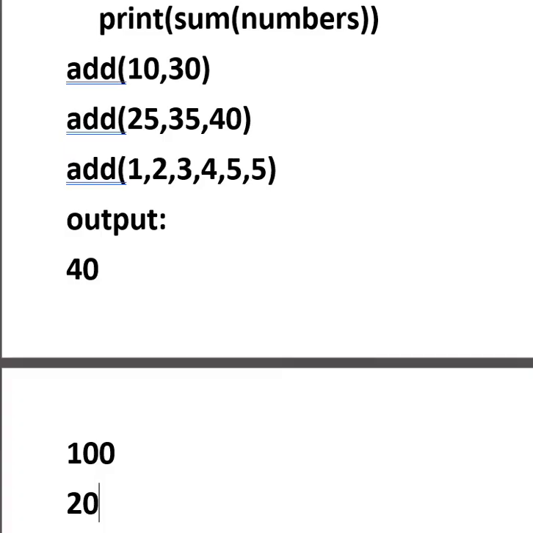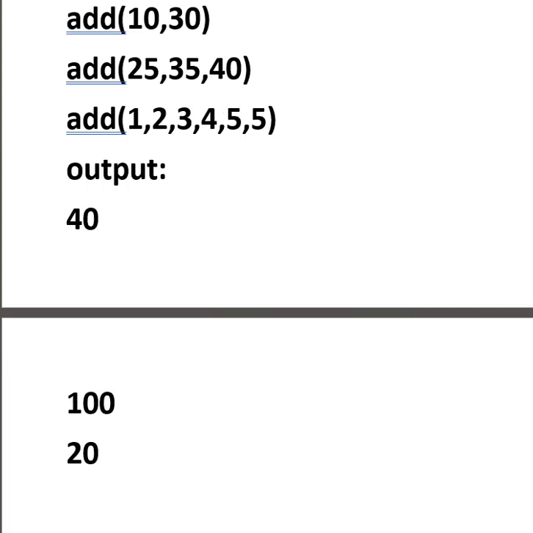This is one example for variable length positional argument. I'm going to give one more example in the form of tuples, numbers as a tuple.